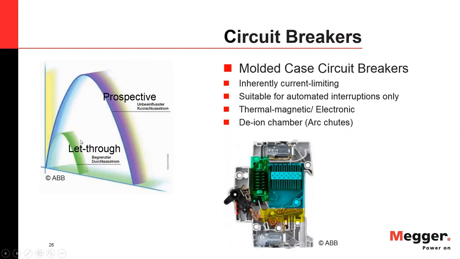Also, molded case circuit breakers specifically typically do not need a zero crossing, so that interruption is done in less than a cycle, typically even half a cycle. Because of the mechanical construction of a molded case circuit breaker, they're only able to automatically trip.